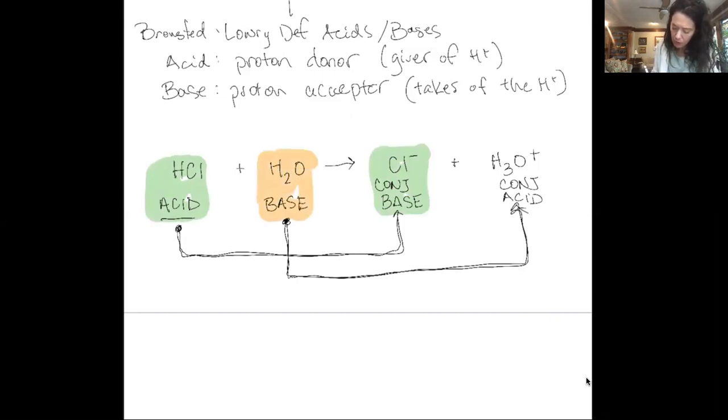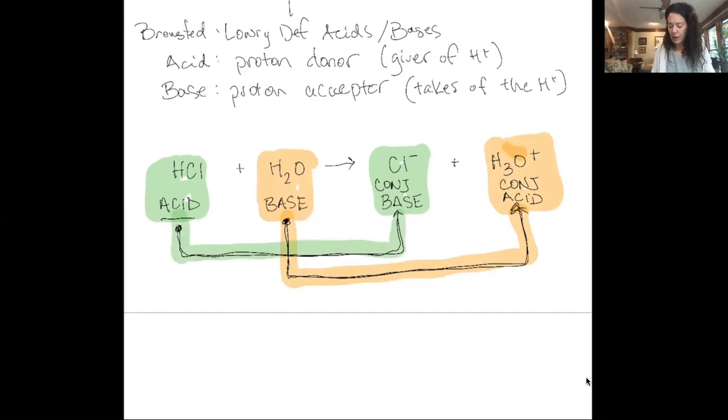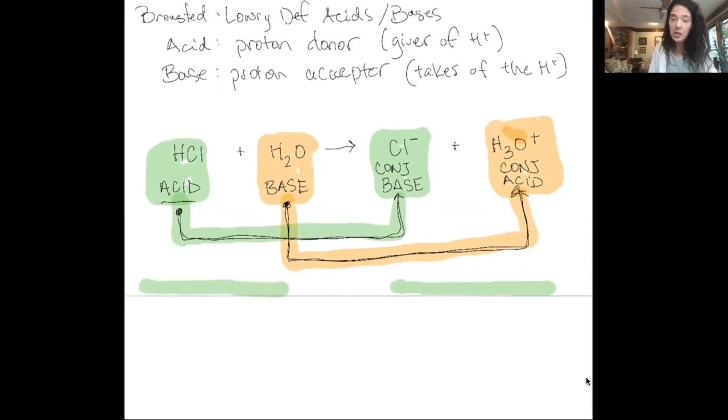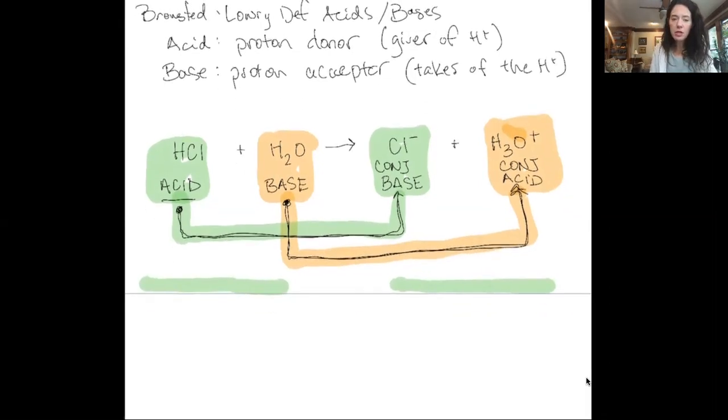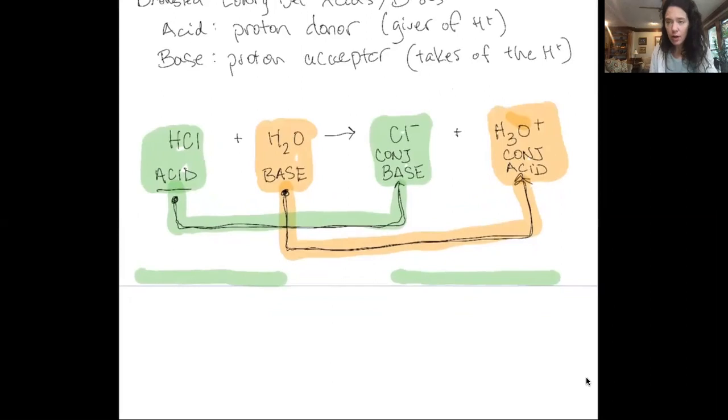We've got two conjugate acid-base pairs, this being 1 and this here being 2. The conjugates are always on the product side, and the regular acids and bases are always on the reactant side. So you need to be able to identify those conjugate acid-base pairs. If there are none, then it's not an acid-base reaction.